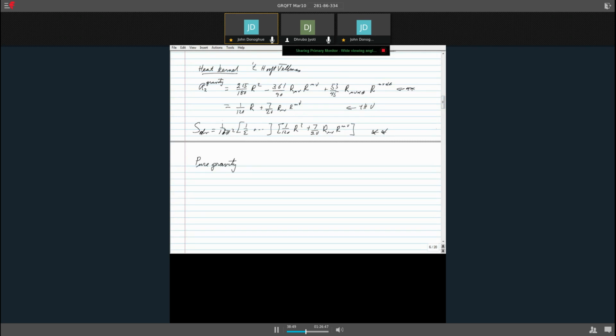And so the divergence S divergent is 1 over 16 pi squared, 1 over epsilon plus blah, blah, blah, times this 1 over 120 R squared plus 7 over 20 R mu nu R mu nu. Okay, that's in some ways the major result of 't Hooft and Veltman.